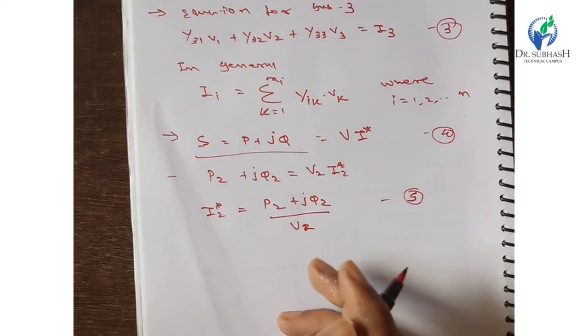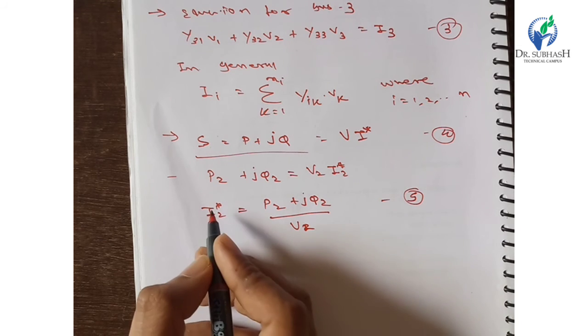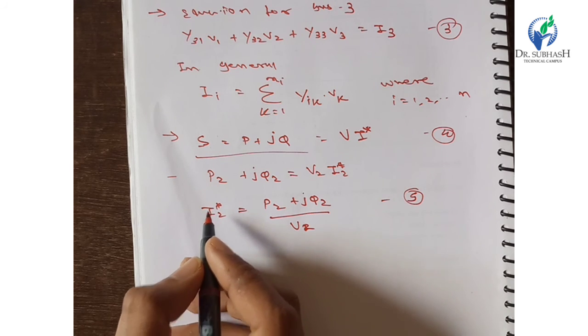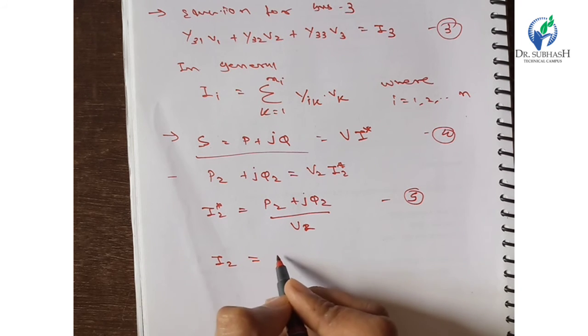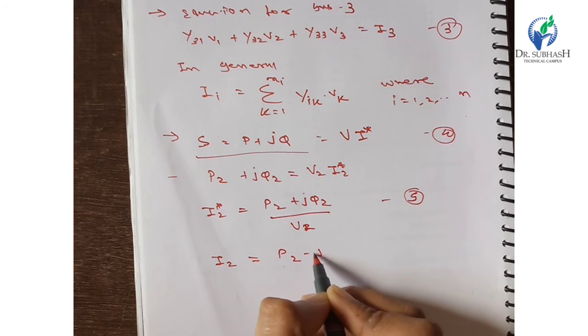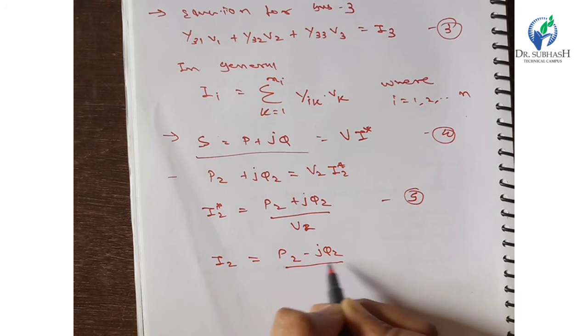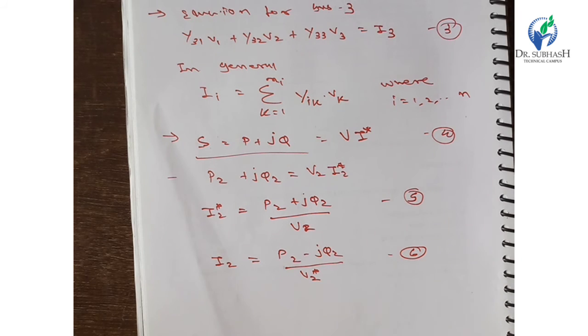When we write the value of I2, it is I2 equal to P2 minus jQ2 upon V2 conjugate. Both are in the modified form for I2 and I2 conjugate. It is equation number 6.